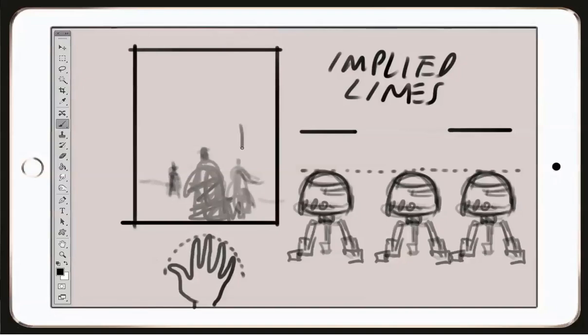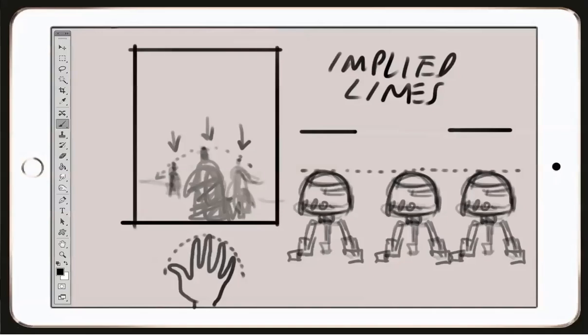So when you take a look at this figure, that one and that one, the edge of their head, and it doesn't have to be a big edge, those heads form an implied line like that.